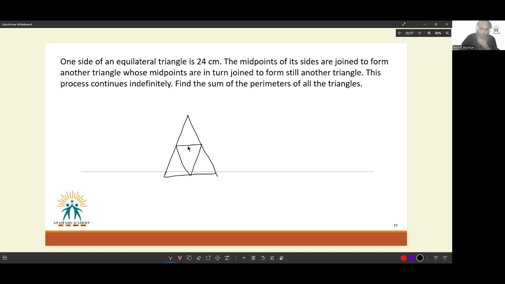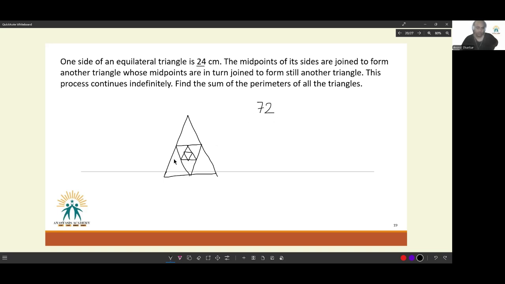Then their midpoints are joined to form a smaller triangle, and so on and so forth. Given that each subsequent triangle is created by the same process, the common ratio will be identical. So I only need to figure out the perimeter of the first triangle, because one side is 24, the perimeter of the first triangle is 72.